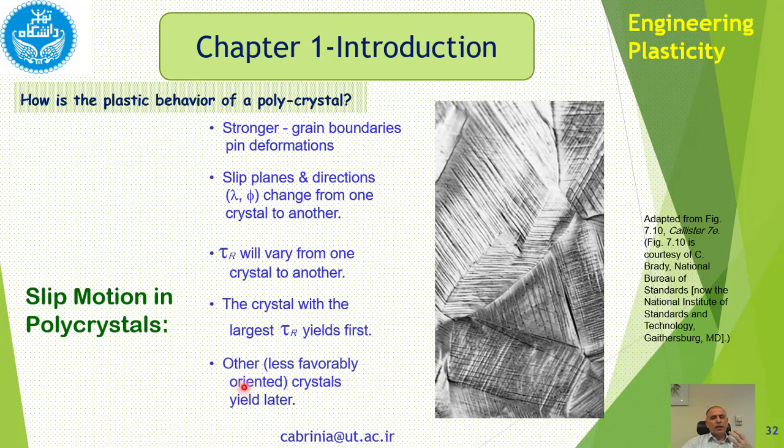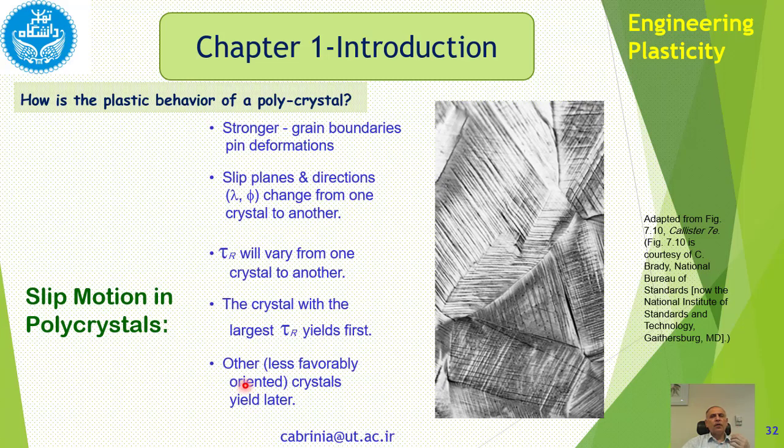So the plastic deformation in a single crystal, the plastic deformation in a polycrystal happens in this way, and it's all to do with the slip system. Okay, slip plane plus slip direction, lambda and phi.